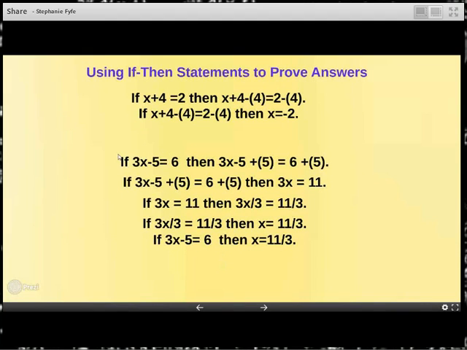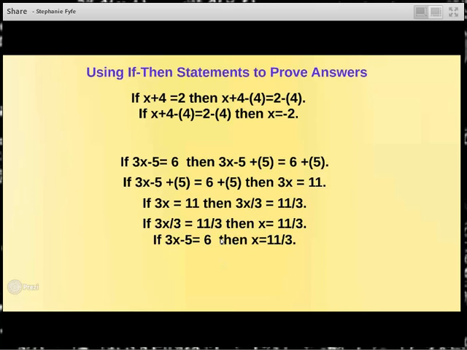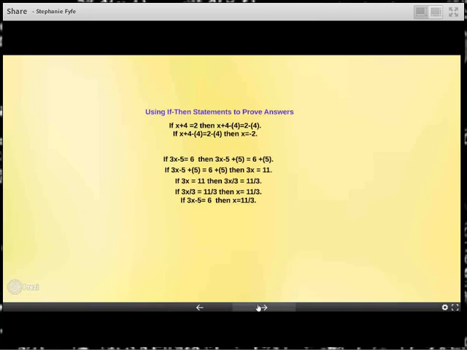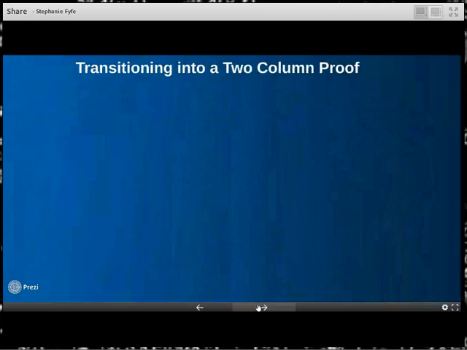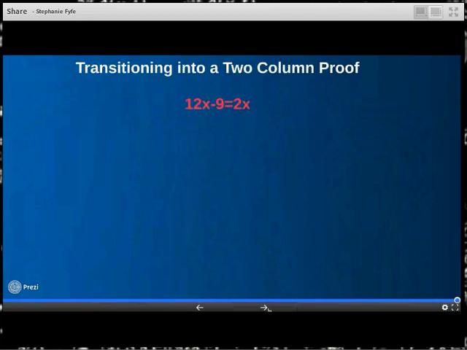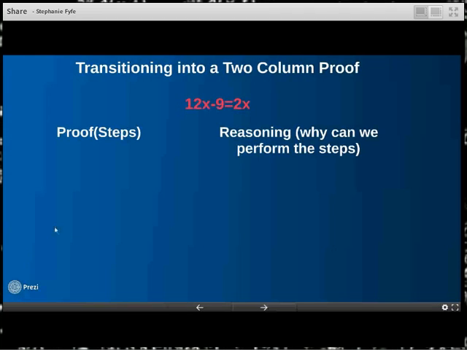But this has a lot of ifs and thens, and we're repeating ourselves a lot. And like we said in the first video, mathematicians are simple. So we created a column proof. The logic works exactly the same way, but we take the problem we're going to work on and separate out the steps and the reasoning.